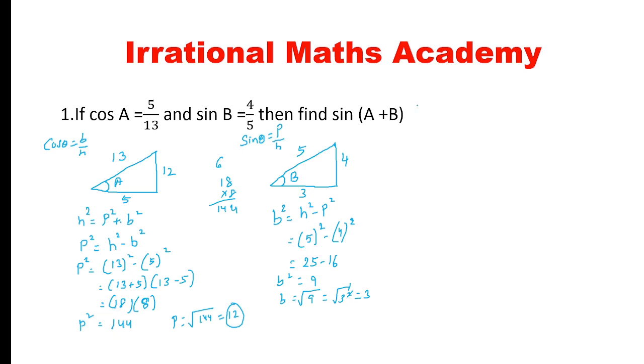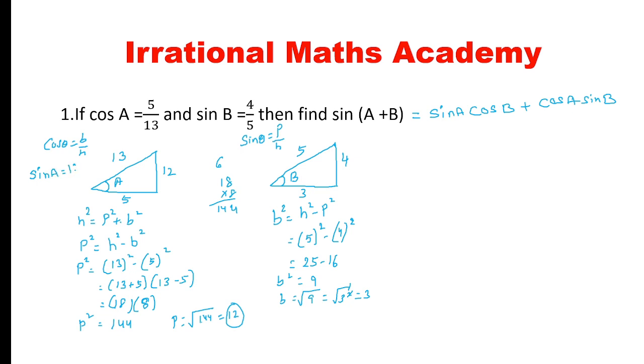Now they are asking us to find sin(A + B). If you remember the formula, sin(A + B) is sin A cos B plus cos A sin B. So what I want is the sin A value, the cos B value, cos A and sin B. From here, cos A they give, so the sin A value we can easily find out.